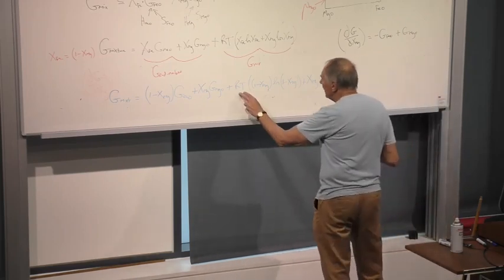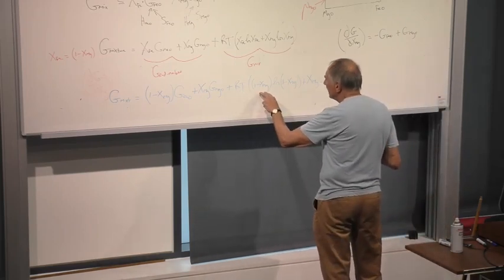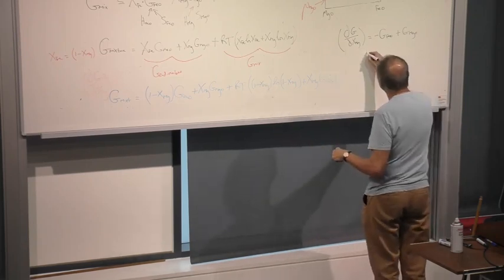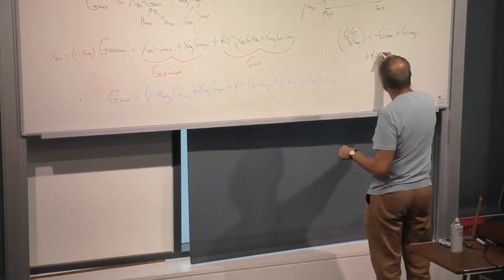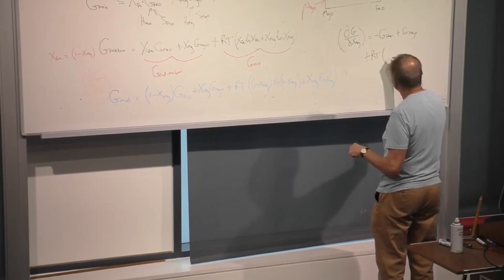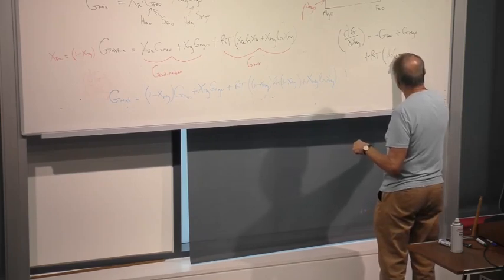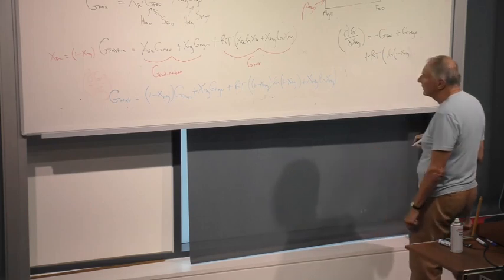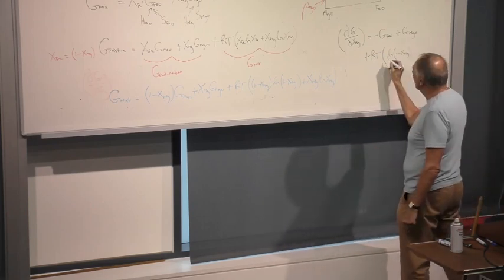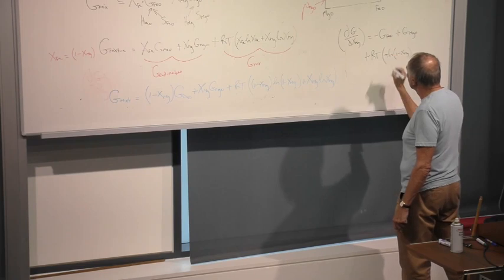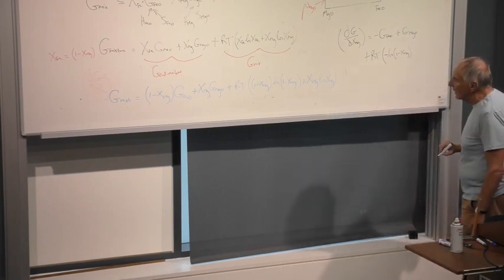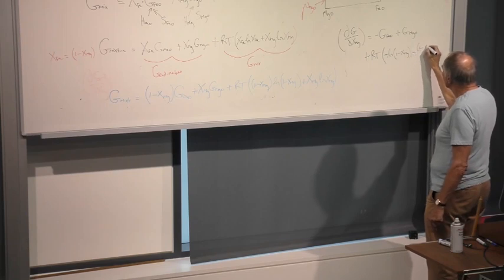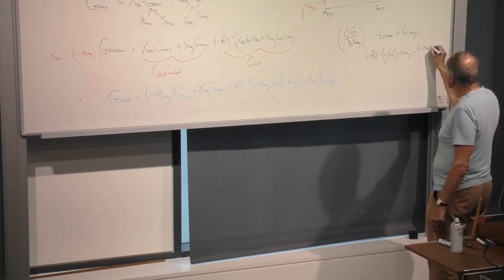Plus RT into d by dx of 1 minus x times ln 1 minus xMg, which is minus 1 times ln 1 minus xMg, minus 1 minus, differentiating by parts.